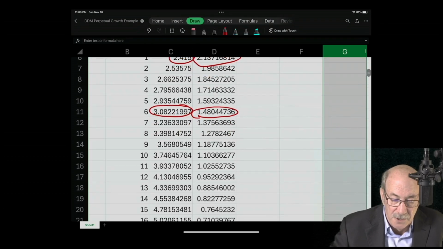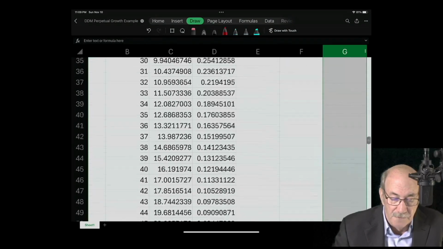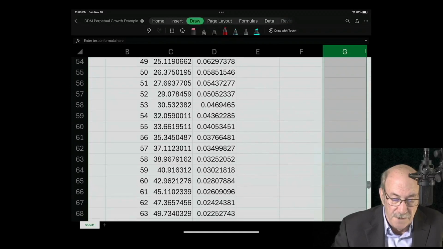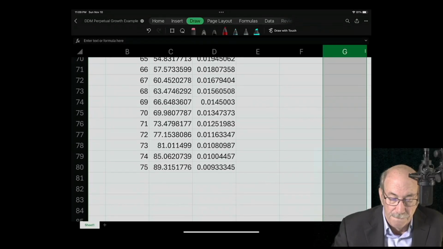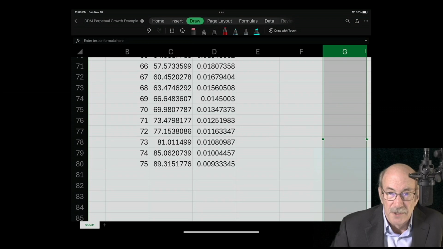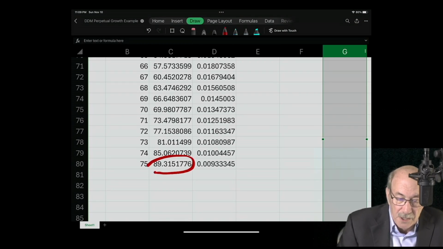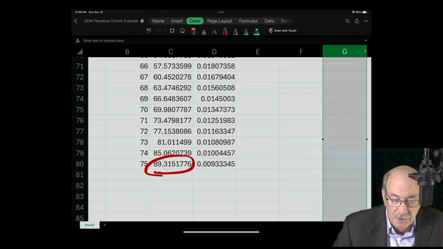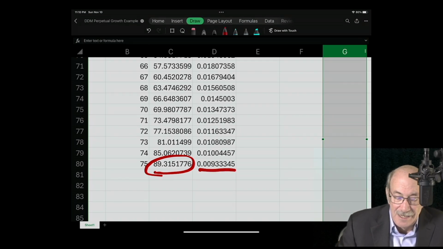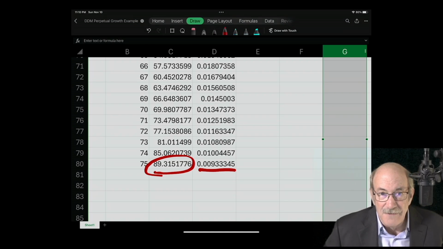Now, I've done this all the way out, and I've taken it out 75 years. And notice what happens to the present value of a really big coupon, or sorry, a really big dividend. Got $89 of the dividend 75 years from now, but the present value of that $89, it's not even a penny.